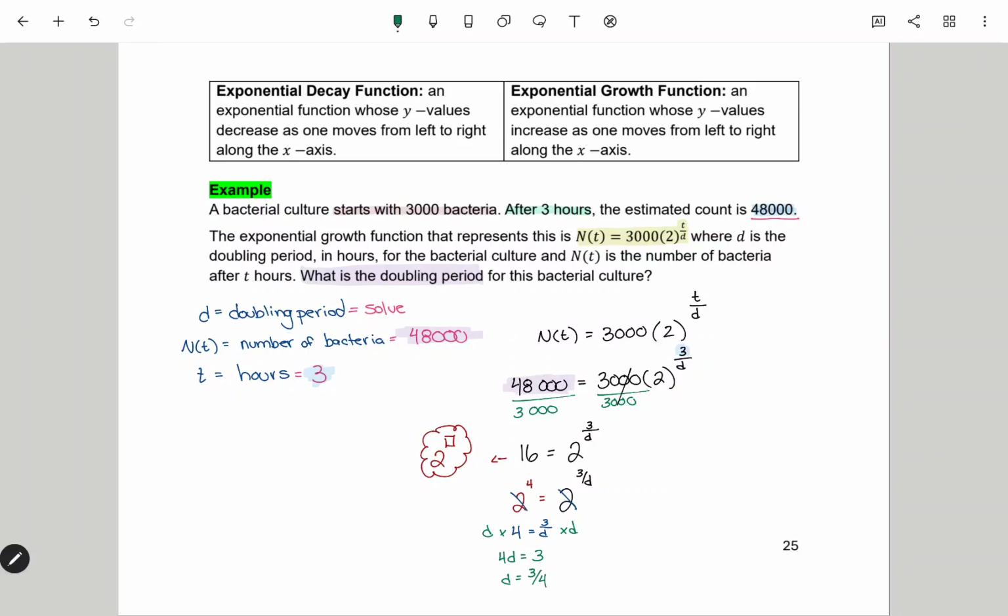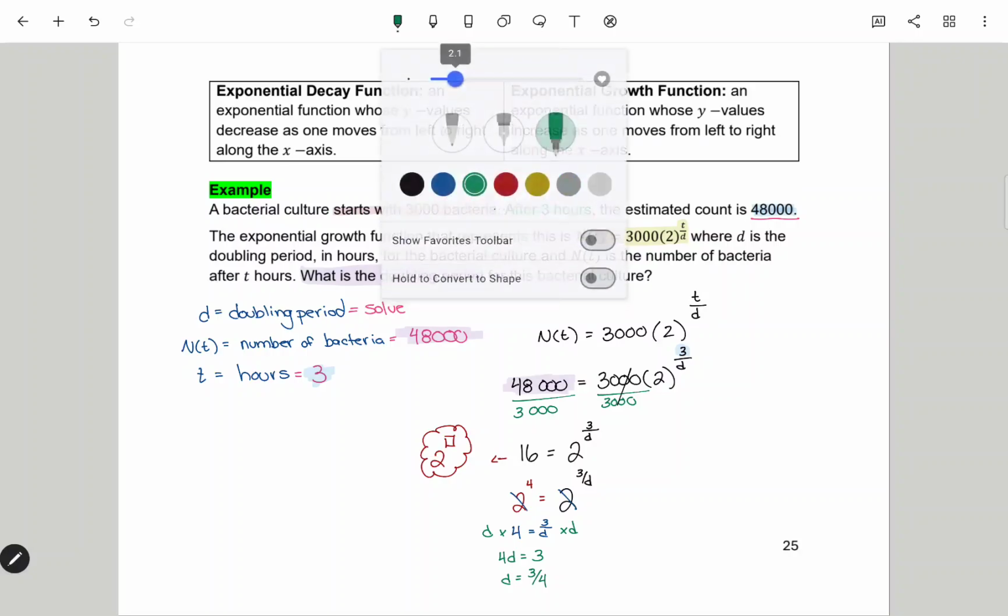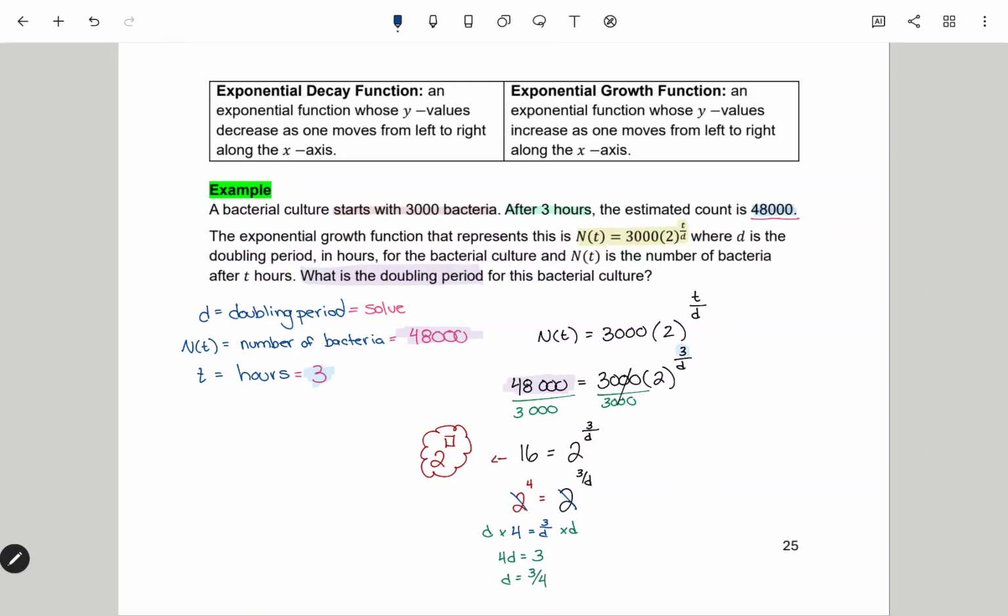3/4. Now, if this is a question on your diploma, doing all of this work will only get you 1 out of 2 marks. They need you to write what this means in context of the question.